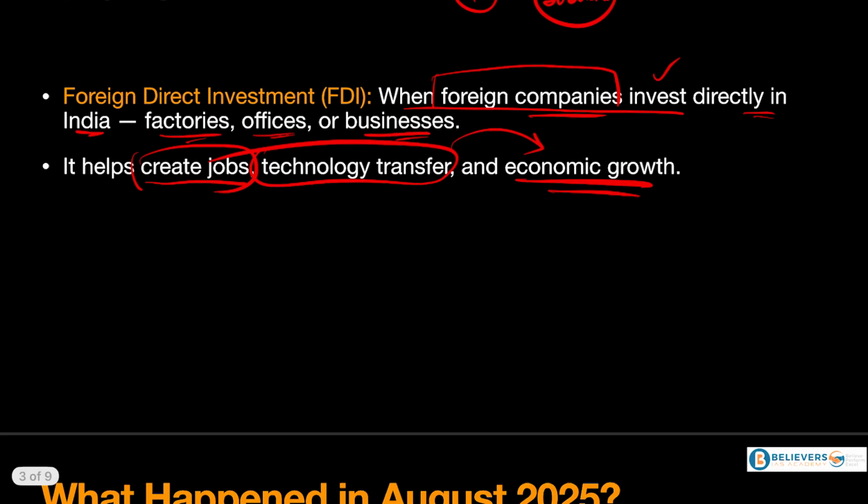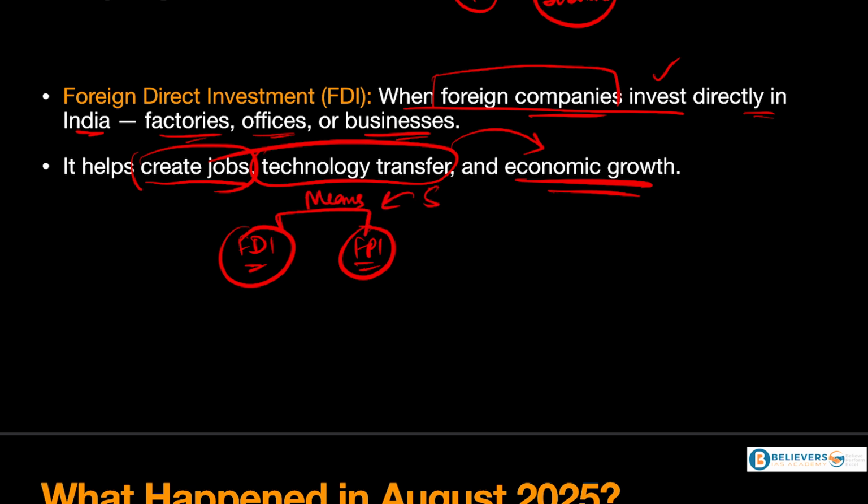Going one step further, we also have to study what FPI is, because there are two means as to how foreign investments come to India. One is FDI, foreign direct investment. Another one is FPI.